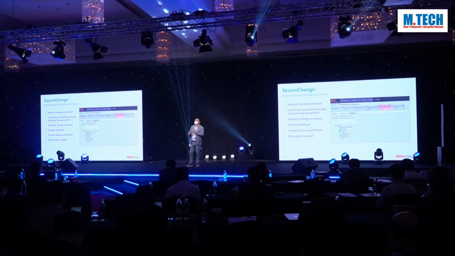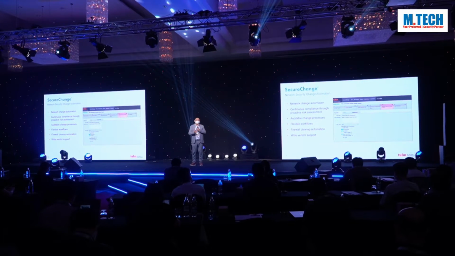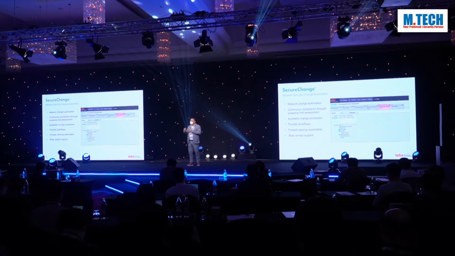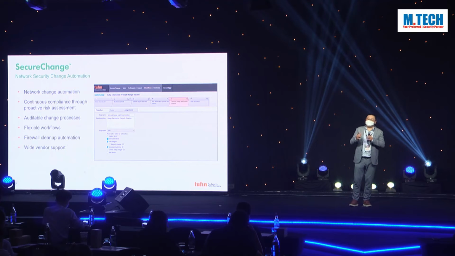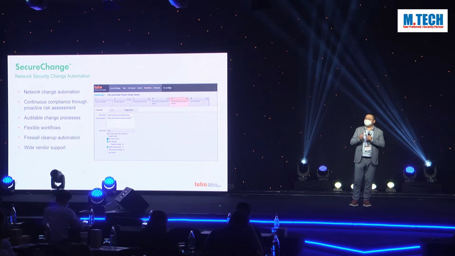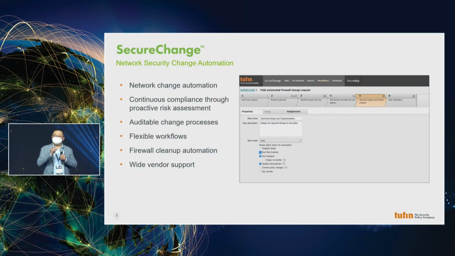SecureChange is the change automation tool. It takes the information that we have in SecureTrack and helps users perform their network change automation. You can imagine it is like a change ticketing ITSM solution, but one that focuses purely on the firewall policies and security rules on your network devices.